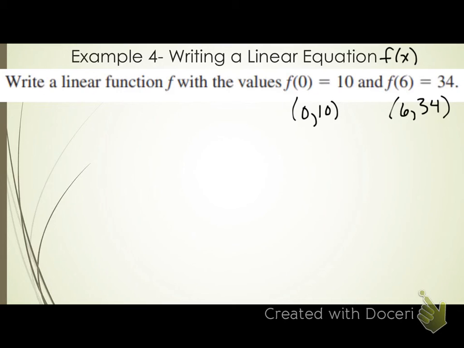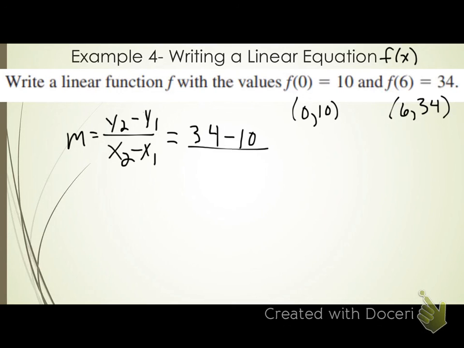So what do I need to do here? M equals y2 minus y1 over x2 minus x1. Find my slope, right? Using your slope formula, between my two ordered pairs, what's the second y value? 34 minus the first y value, 10, over the second x value, 6, minus the first x value, 0.